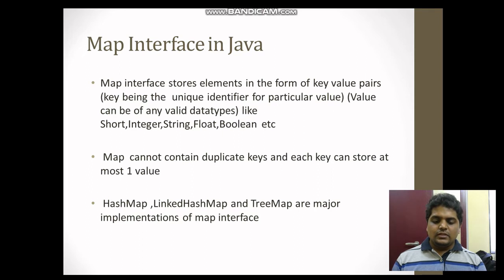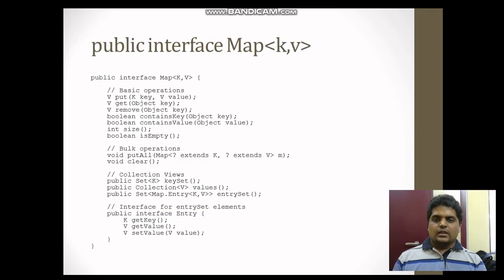So let's move further. Here is a sample code snippet of the Map interface. There are some basic operations, that is put and get. Everyone might know these. When some elements need to be inserted, we make use of the put method, and if some elements need to be retrieved, we make use of the get method.